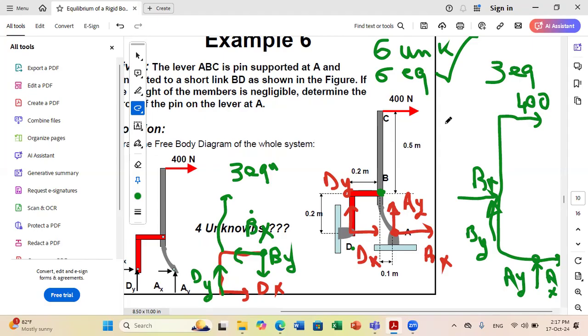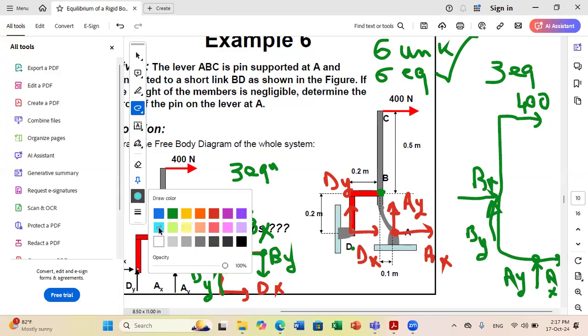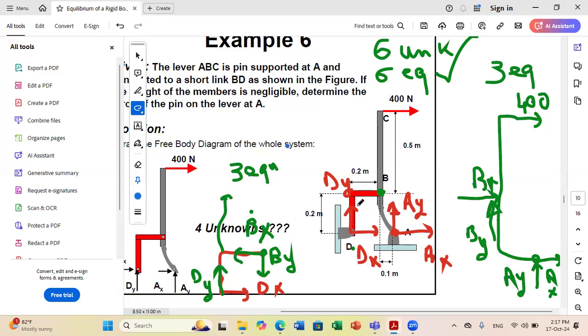Which member is a two-force member? If you look at member BD, I have forces only at D and B. So this is a two-force member, and whenever I have a two-force member, the forces should be directed along the line joining B and D.